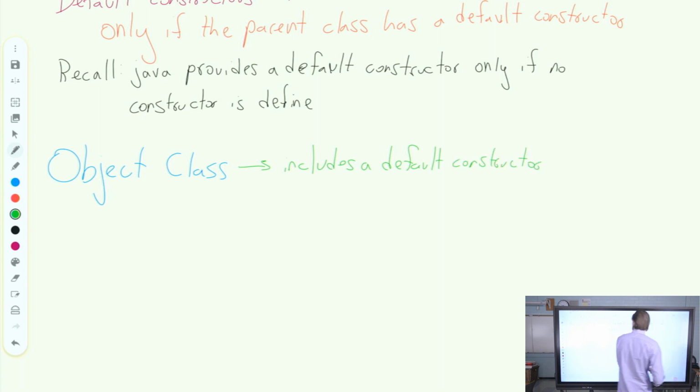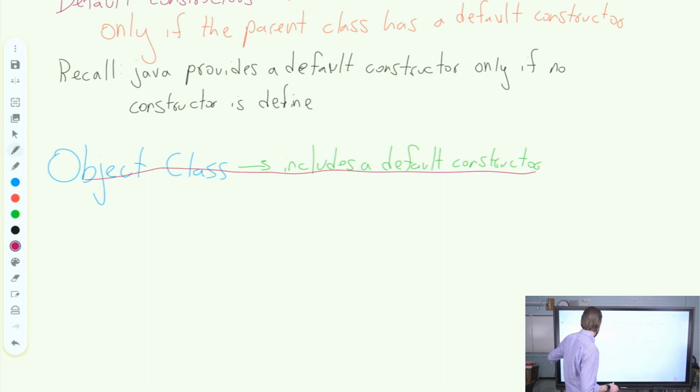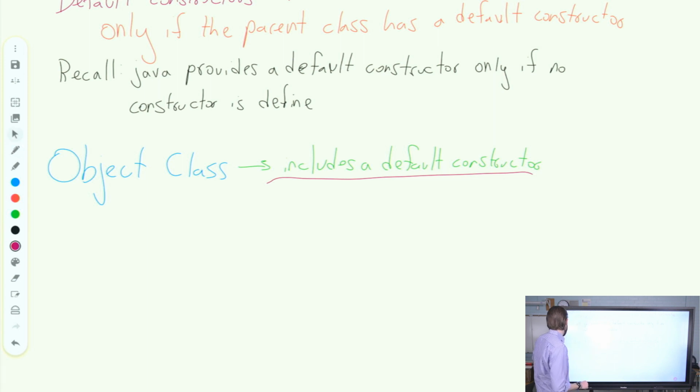So if you don't define any constructor at all, then Java will inherit this default constructor from our Object class. So it will include the default constructor from the Object class.